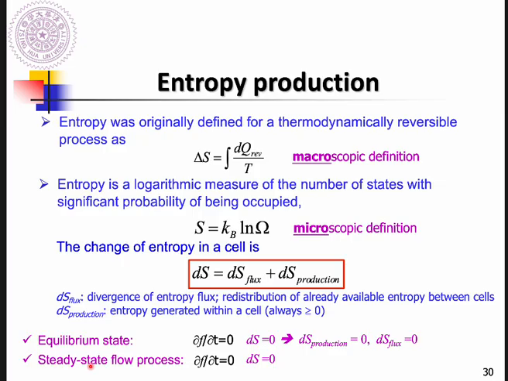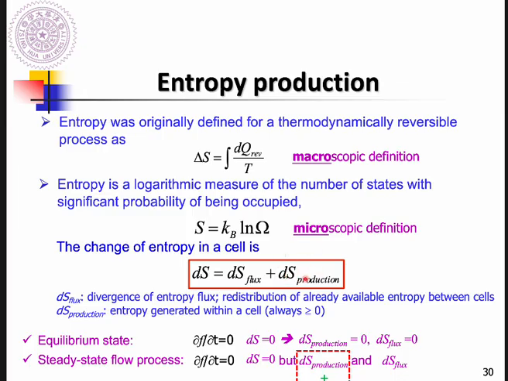But for the steady state flow process, we also have dS equals 0. But does the cell produce entropy? What's your opinion? We spent lots of time introducing the sigma dot, right? It is the rate of entropy production per volume. So yes, this cell produces entropy.